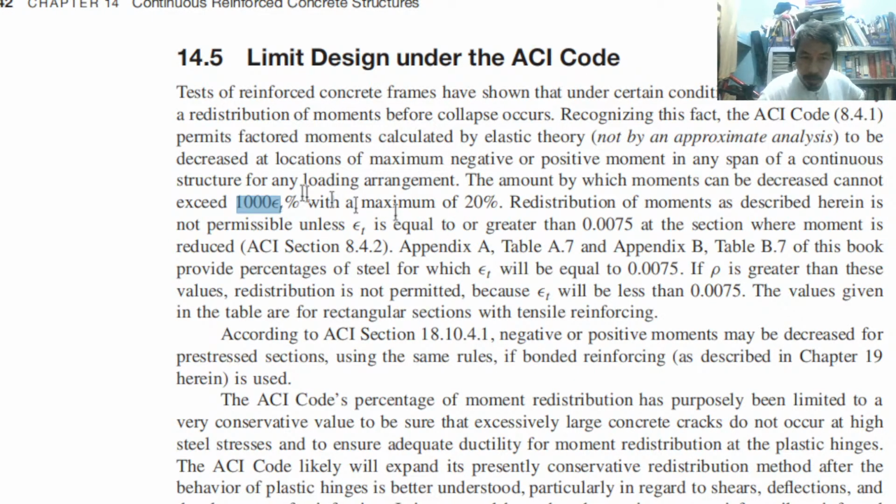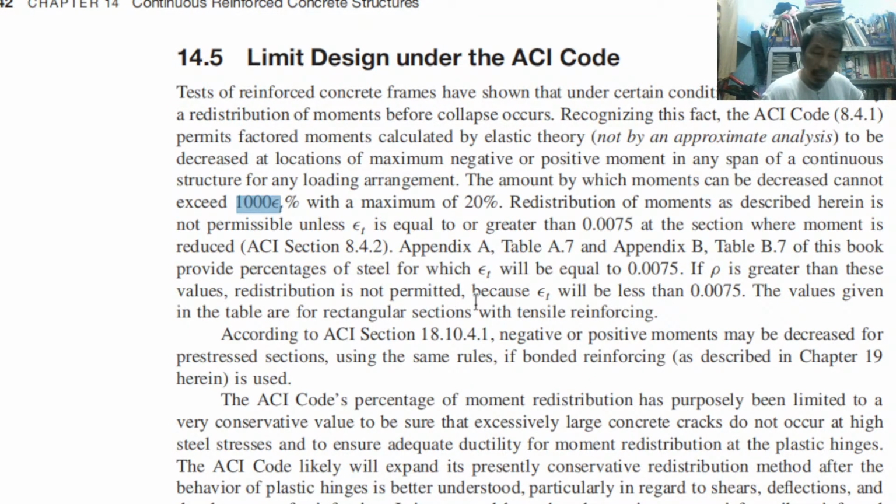Take note, 10 to 20% allowed. If rho is greater than these values, redistribution is not permitted.